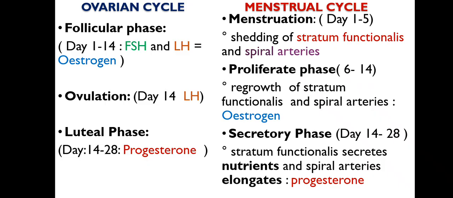You are heading to the ovulation day, because from day 6, day 7, day 8, day 9, 10, 11, 12, 13, 14, you are approaching the ovulation day. So it's making sure that by the time this ovum is ovulated, it must find the lining is safe. It has been reformed again. The spiral arteries are there, there's blood supply, nothing is bleeding. No wonder from day 6 to day 14, this estrogen is making sure that there is proliferation of the endometrium lining.